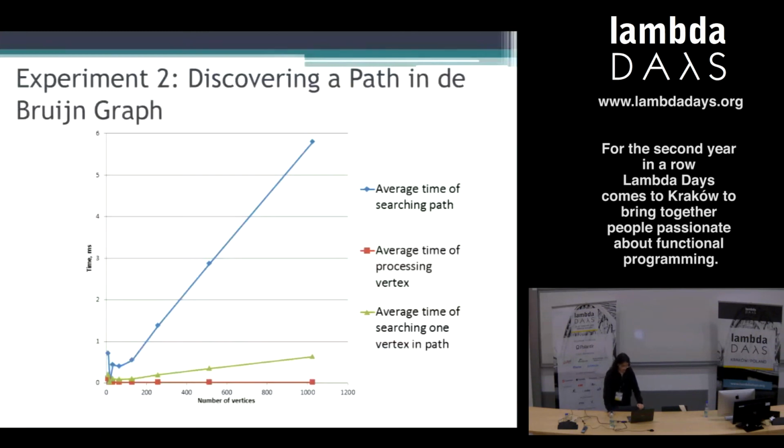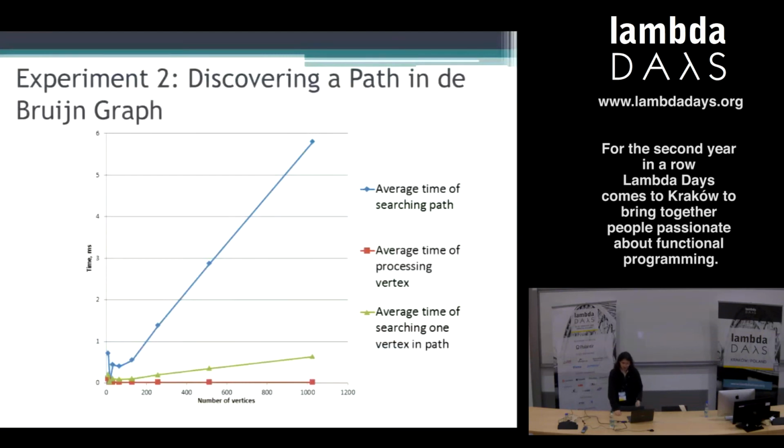You can see the average time of searching a path. It's also slower than linear, probably, we'll see. Average time of processing vertices. That's why the model is scalable. You can see it's constant. It doesn't matter how many vertices you have. No overhead for scalability. Usually we have a little, but it doesn't matter.